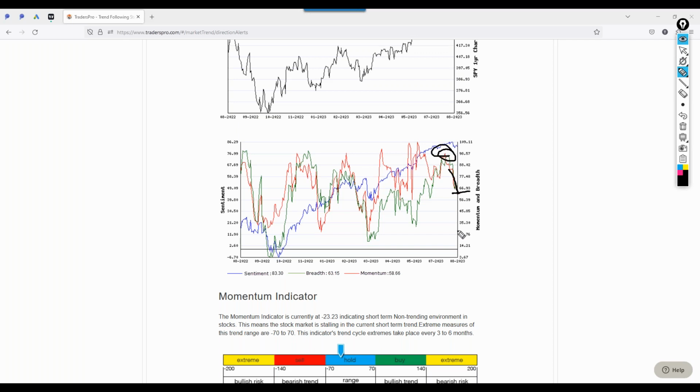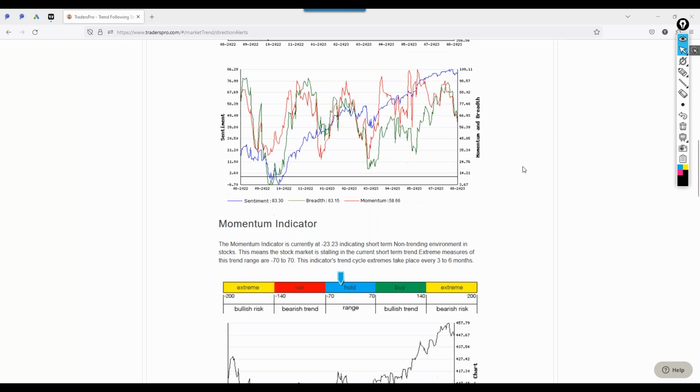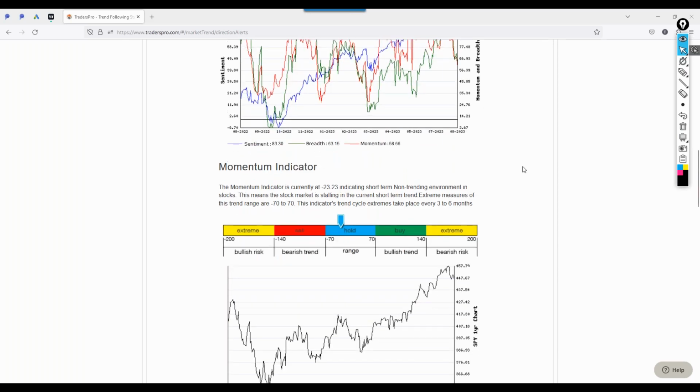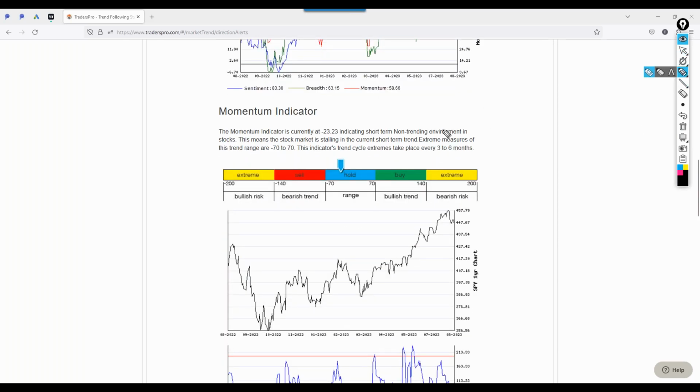We'll look to see how things close today, and we'll look at that candlestick, because momentum is accelerating. I'll show the SPY chart, but momentum is now working its way towards the other end of this range. This middle range on the momentum chart is kind of a trendless zone.